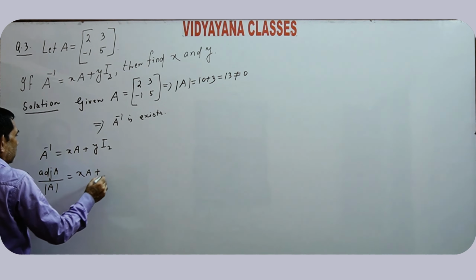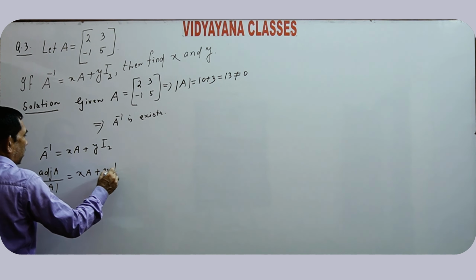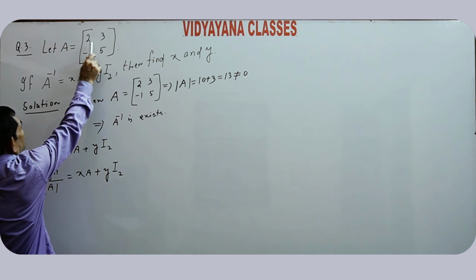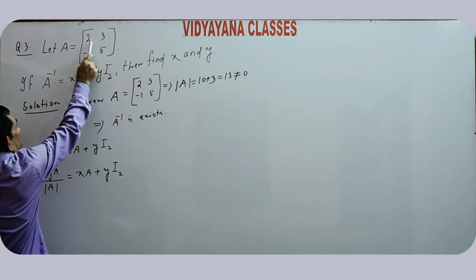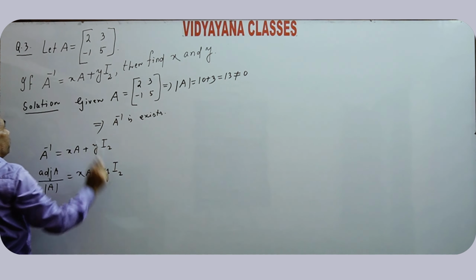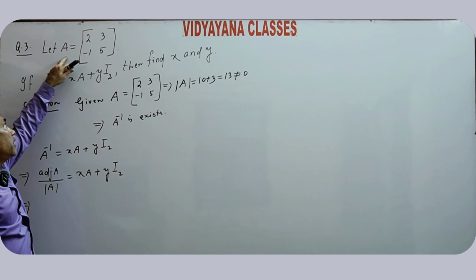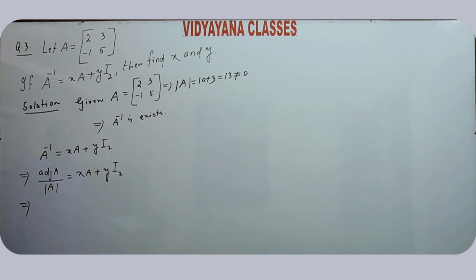XA plus Y I2. Adjoint A is given by, it is a square matrix of order 2. So we can find out A inverse by the direct method.